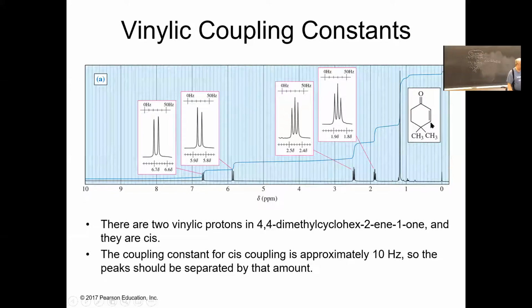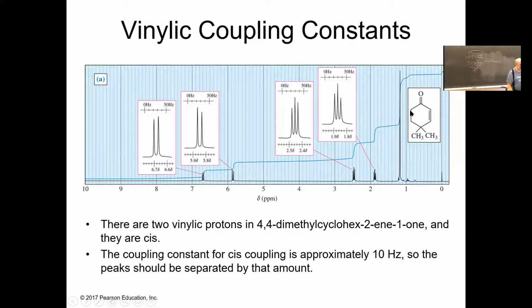Okay, here is another example of an alkene. This hydrogen and this hydrogen on the alkene group are not equivalent, so we see two different signals, and each one is split into a doublet by the other. We have two equivalent methyl groups, so that's one large singlet here.